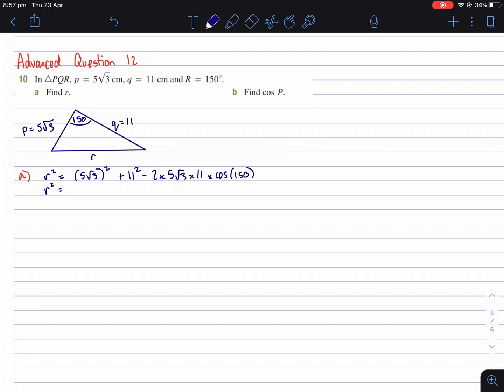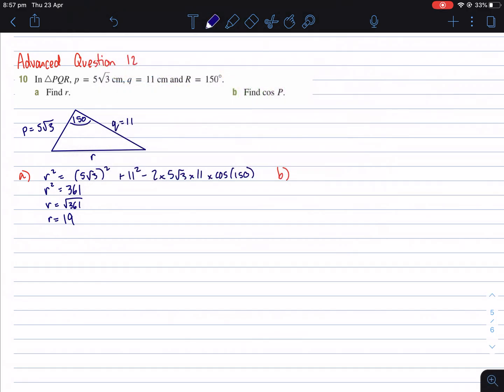So make sure you do that 5 root 3 squared in brackets, otherwise you'll only end up squaring the root 3, not the 5. And that gives us 361. So r equals the square root of 361, which is 19. Okay, that definitely came out nice. We didn't have to go through what cos 150 is.